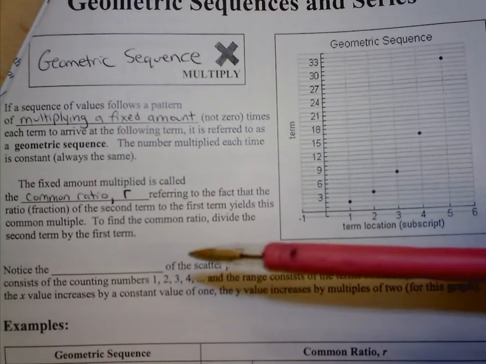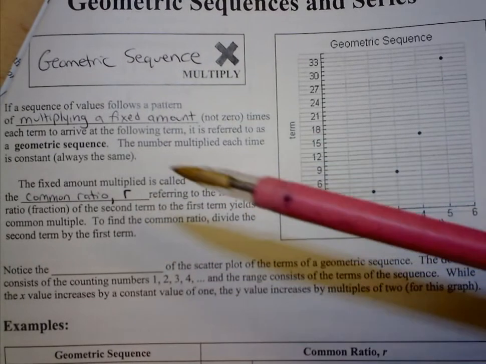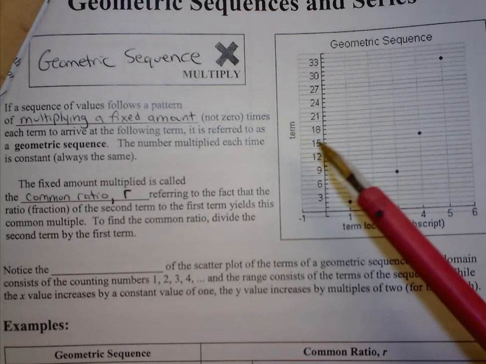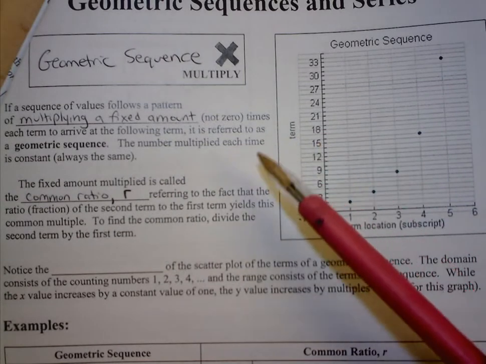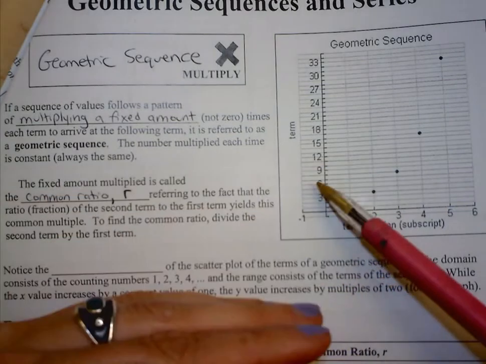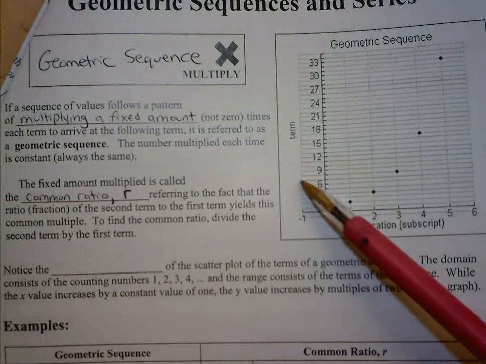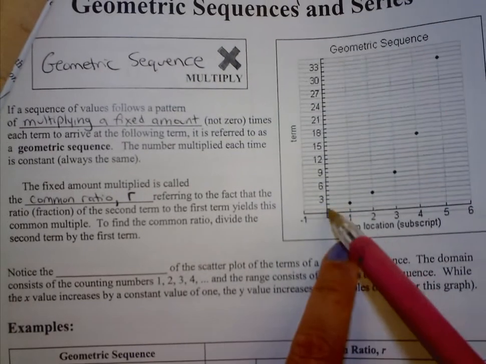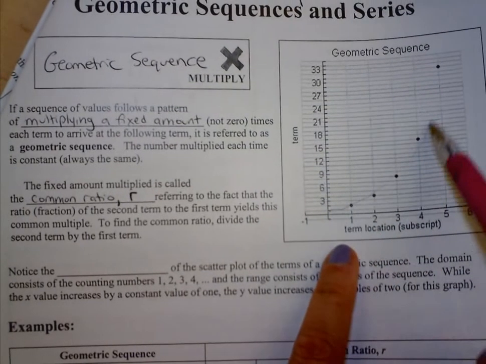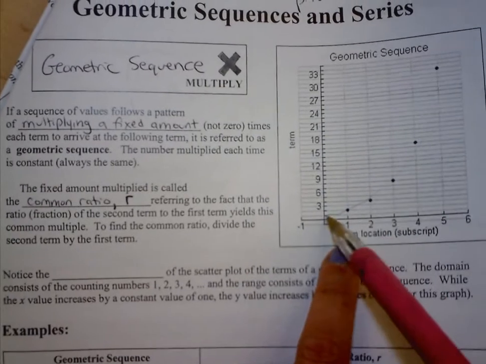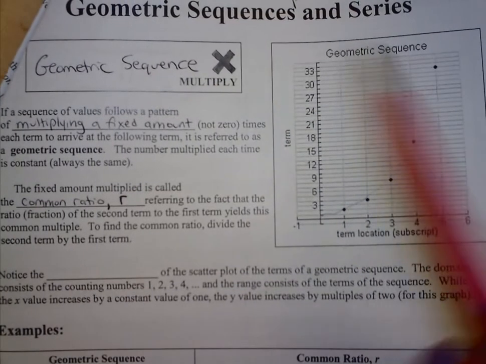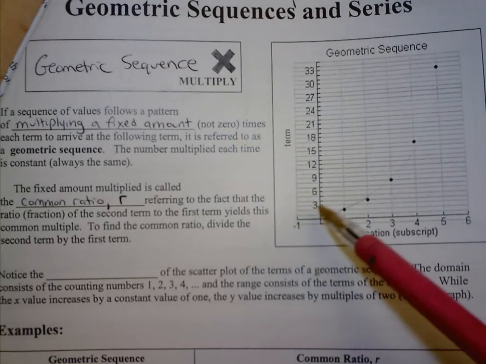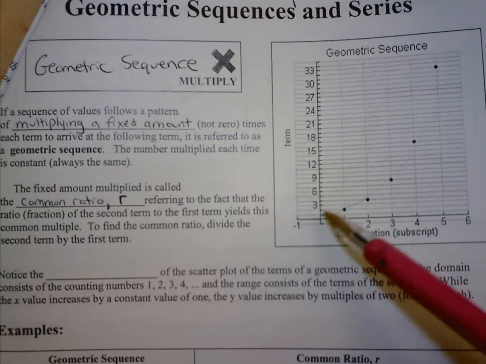So I want you guys to go back to when we were trying to figure out what a function is. Whenever our y values were multiplying down the line, we knew it was an exponential function. So look at my geometric sequence here. It takes an exponential function, whereas our arithmetic sequence, where we were adding or subtracting the same amount by the pattern, was a linear function.